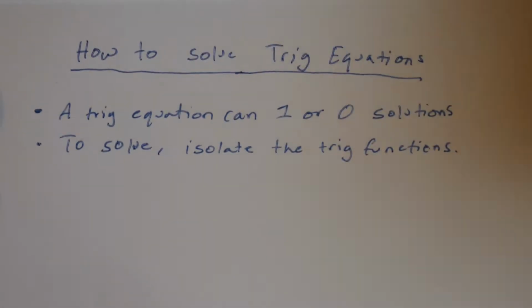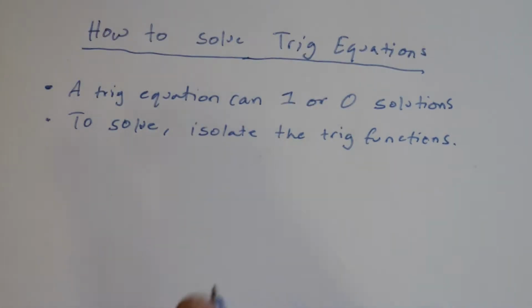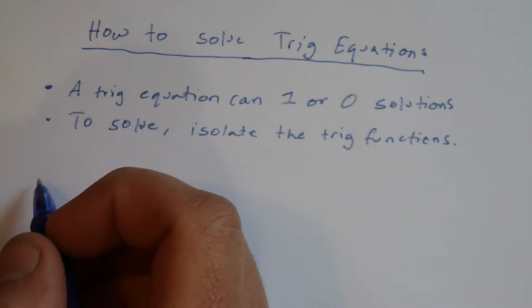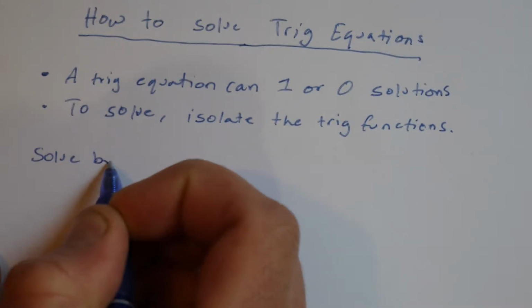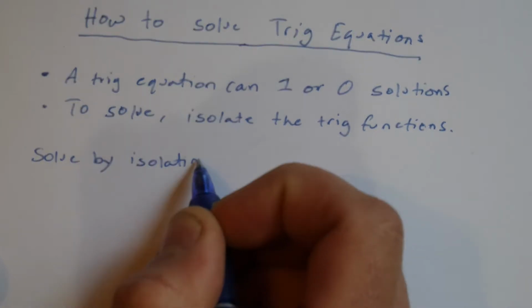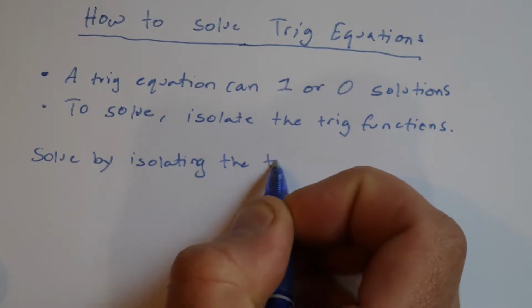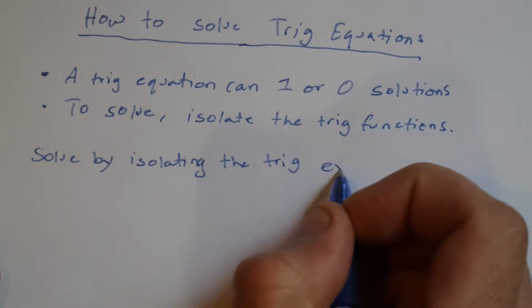Now, if you're in my pre-calculus class, I realize you probably already have these notes. Okay, this is just a review, so if you don't want to do the review, just skip to the end. Okay, so first, let's solve by isolating the trig expression.